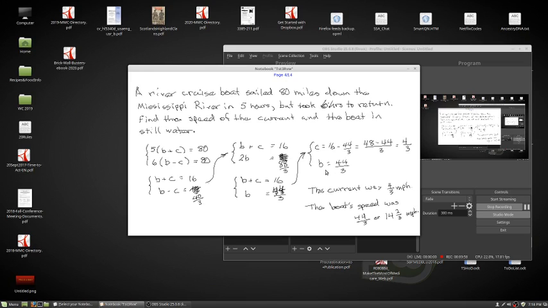The first one was a mixture type problem. This next one is a work type problem where we want to find the speed that the boat was sailing. Well, it's a cruise boat. It's probably not going to be sailing per se, but as I understand it in nautical terms, that's how you say it.